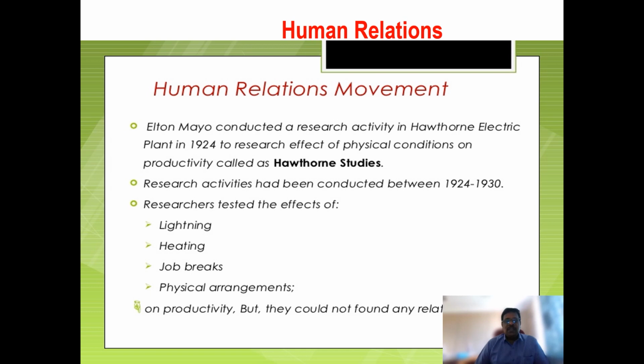Through the study, he emphasized that Elton Mayo conducted the familiar Hawthorne experiment between 1924 and 1930. In the research he tested the effects of lighting, heating, job breaks, and physical arrangements on productivity.